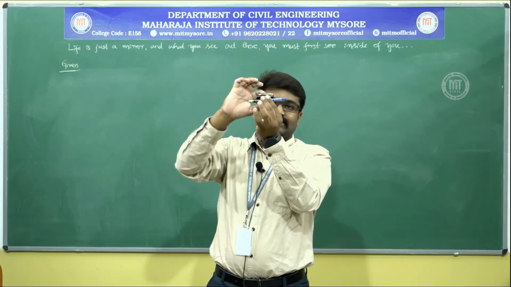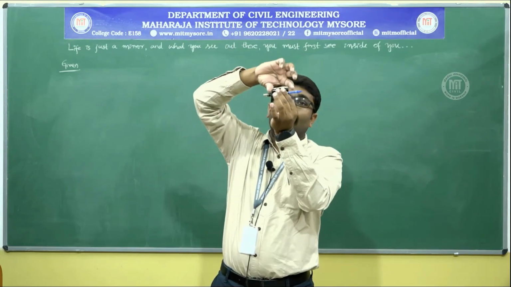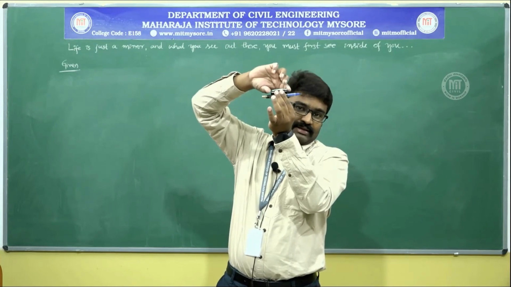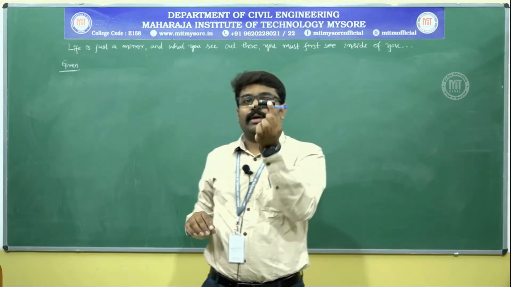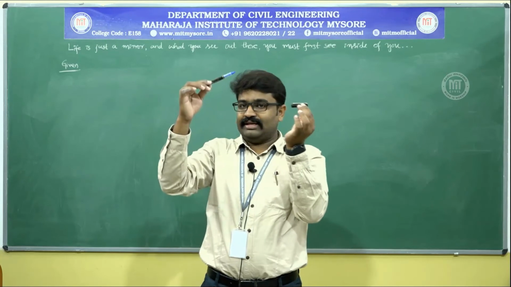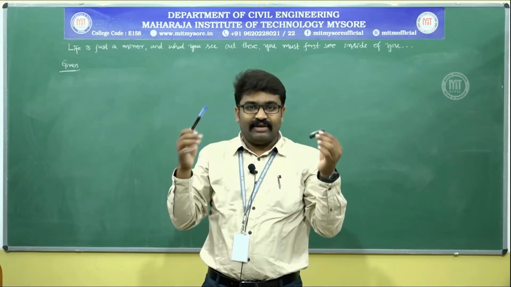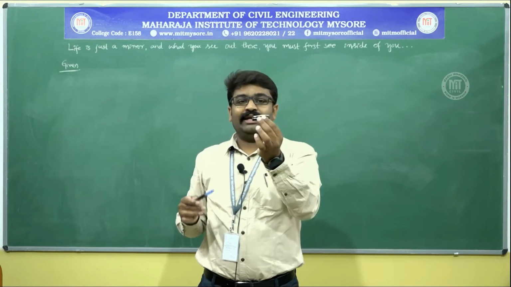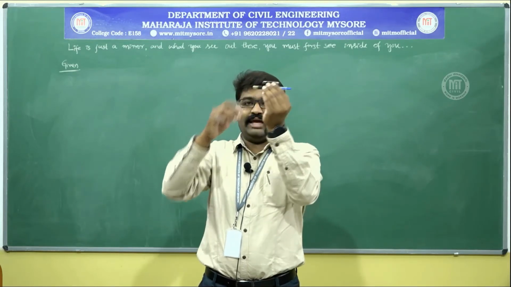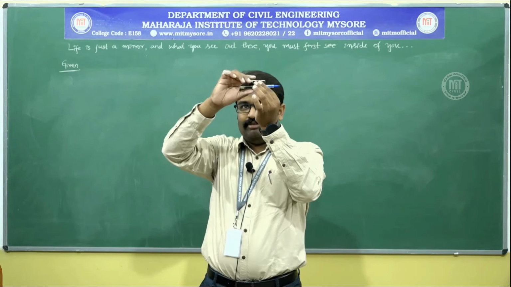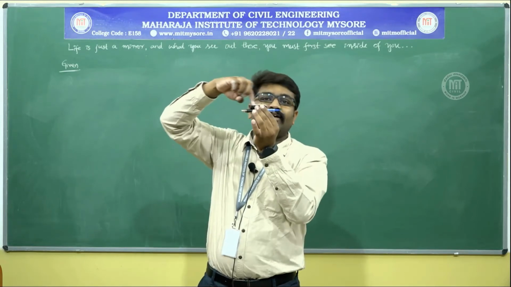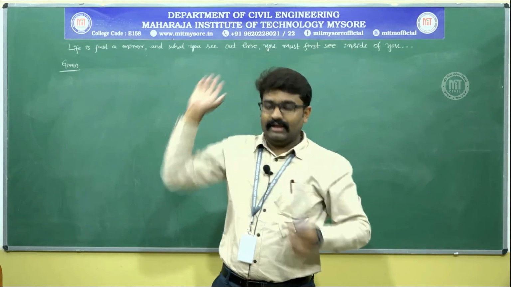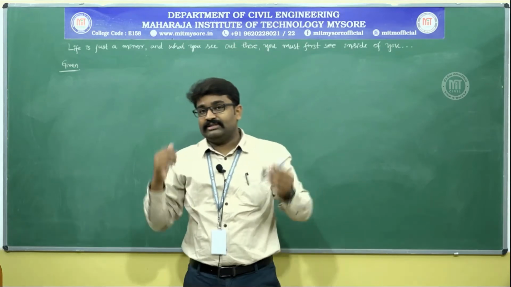The shaft and sleeve are in contact only for 90 millimeter. This is very, very important in this problem. The shaft length is not given and it is indefinite, not to be worried at all, but the sleeve length is 90 millimeter. That means the shaft and sleeve put together are in contact for only a length of 90 millimeter.